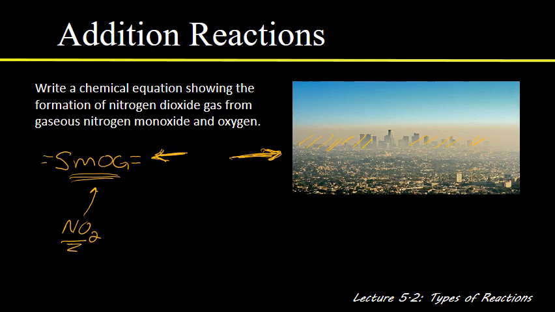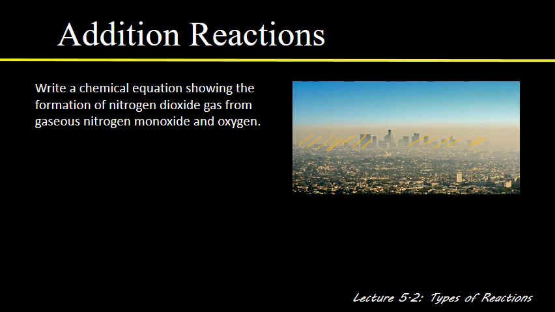And the nitrogen dioxide is formed from nitrogen monoxide, which is a component of automobile exhaust. And so if you get a lot of cars in a large city, that produces a lot of nitrogen monoxide, and then that can react to make the nitrogen dioxide that you see in this smog. Okay, so let's go ahead and look at the reaction.